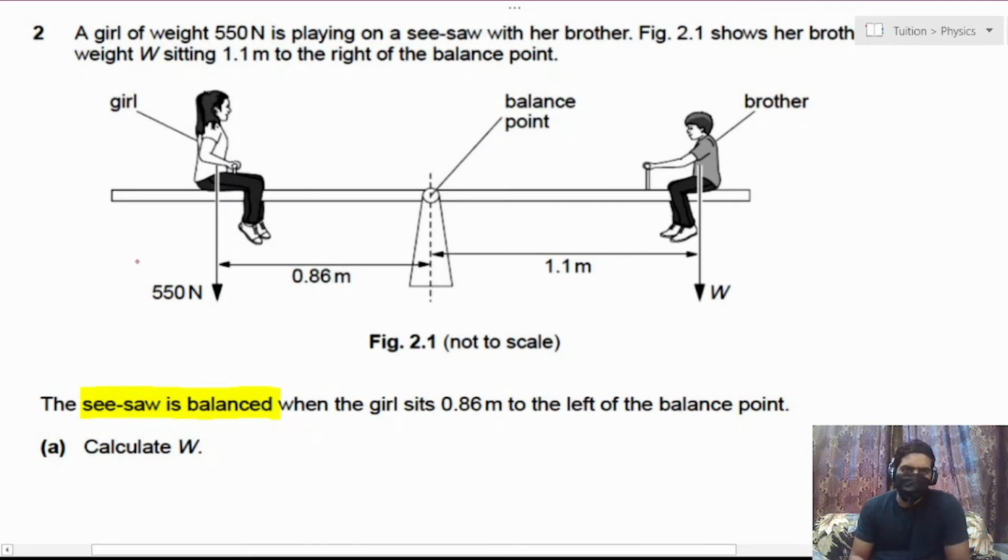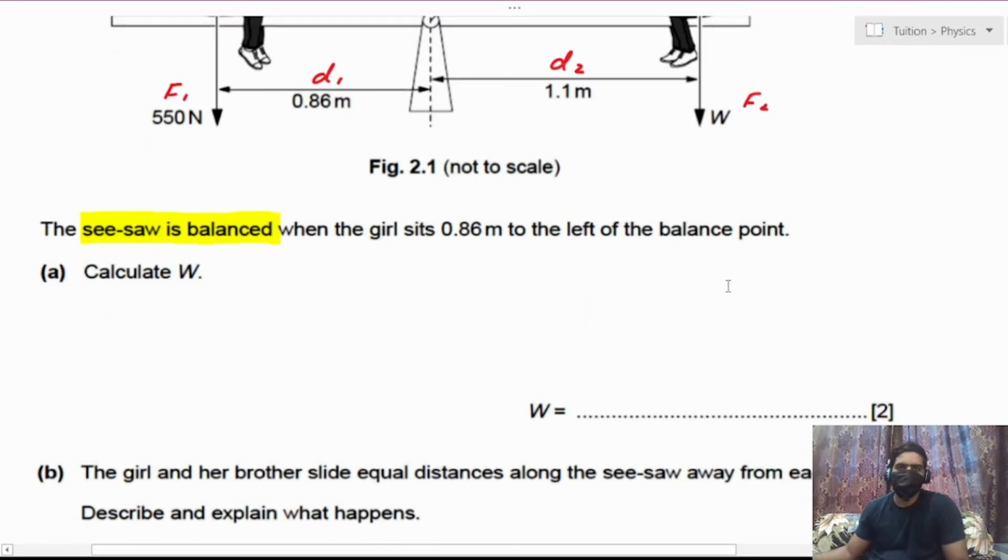So the formula would be, once again, F1 times d1 equals F2 times d2. You can call this one F1, that would be your d1, this would be your d2, and that would be your F2. Let us write down the data. F1 times d1 equals F2 times d2.